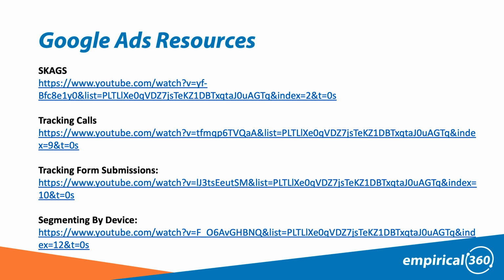So by segmenting your campaigns by device, it allows you to allocate your budget more effectively. And again, that's more of an advanced topic, but it is definitely a trend we see inside our clients' accounts that device performance varies by mobile, tablet, and desktop. So something to consider. And again, that video explains it a little bit more in depth once you watch it.